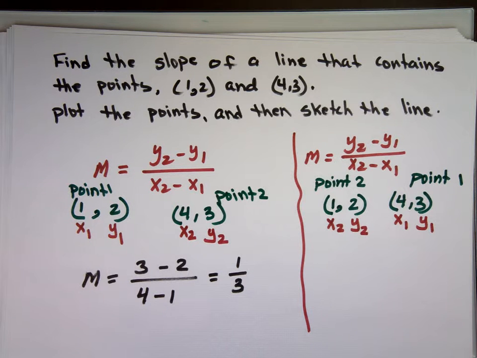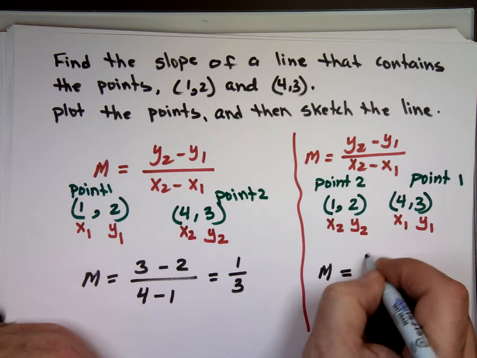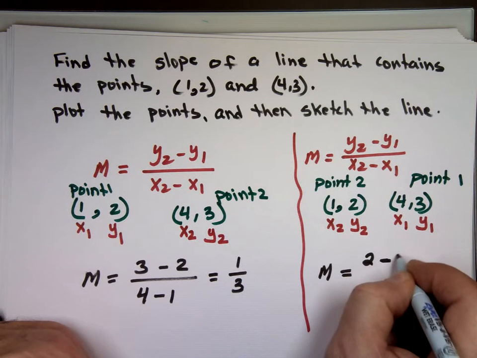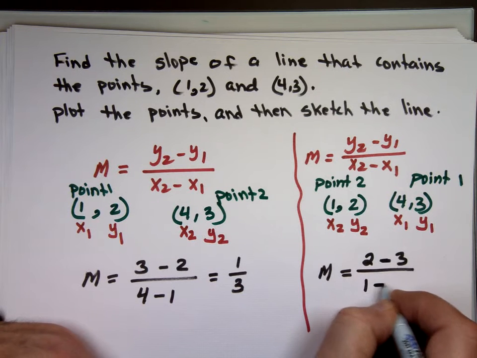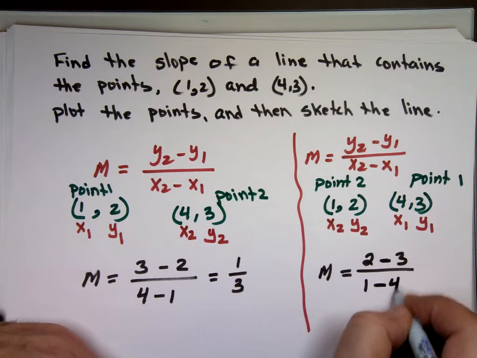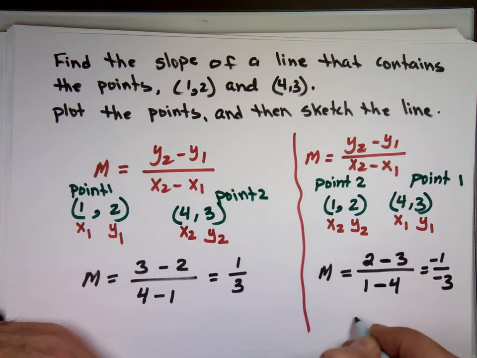The slope m is y sub 2 minus y sub 1. Y sub 2 is 2 minus y sub 1, which is 3, over x sub 2, which is 1, minus x sub 1, which is 4. Negative 1 over negative 3. What's a negative over negative? Positive. Is that the same slope?